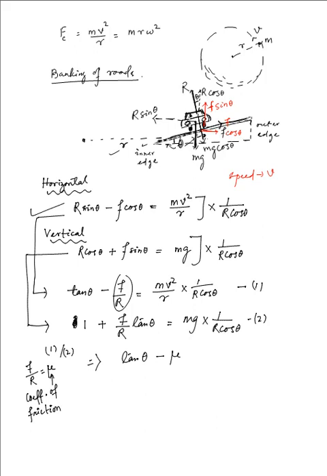and then this is divided by 1 plus, again f by r is mu, times tan theta, and this is equal to, on the right hand side, if you divide both the equations, 1 by r cos theta simply cancels out, and the masses cancel out, m by m, but what you're left with is simply v square divided by r times g in the denominator.